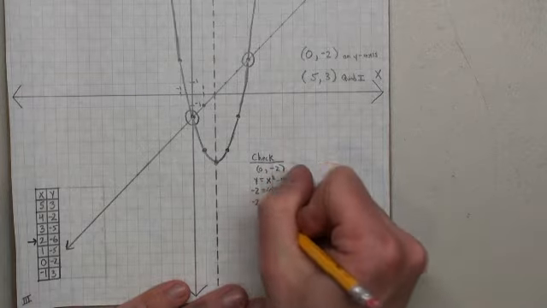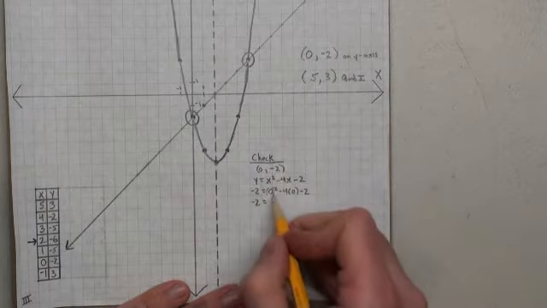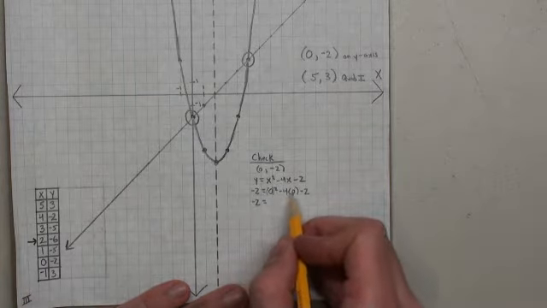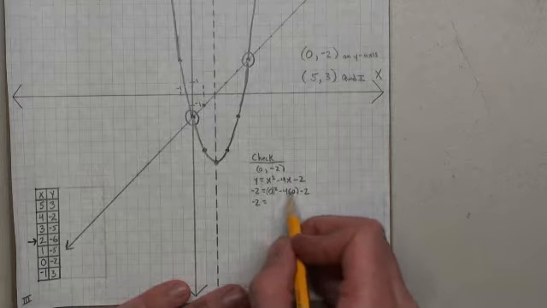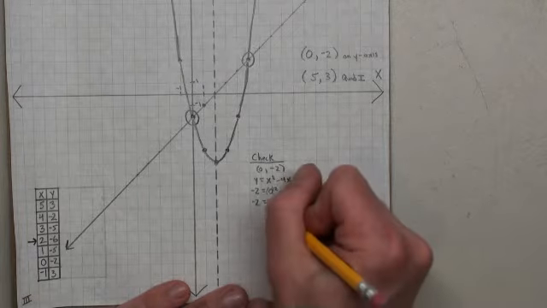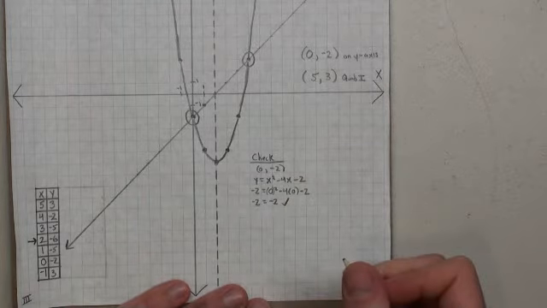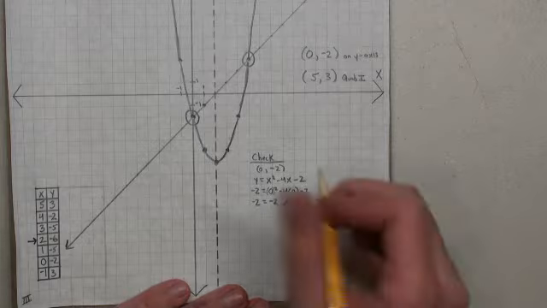So negative 2 equals 0 squared is 0. 0 minus 4 times 0 is 0, so 0 minus 0 is 0, and 0 minus 2 is negative 2. So that checks.